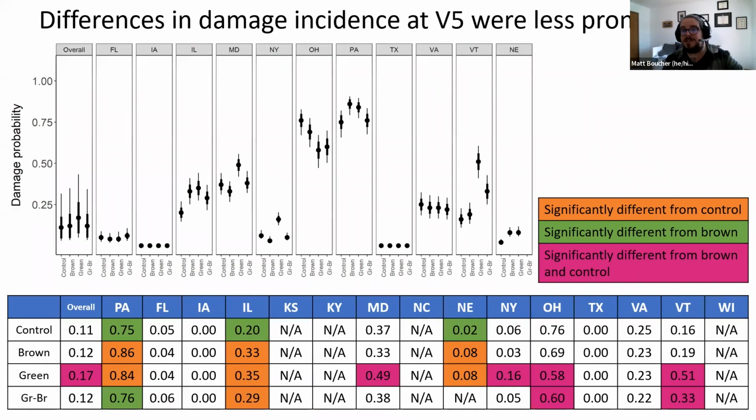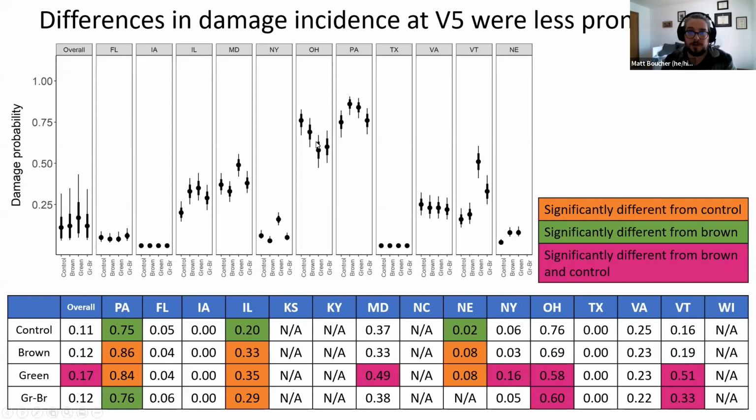The differences in damage incidence at V5 are less pronounced. Your plants are a little bit older now. You can see in different states, relative to the control, damage incidence isn't as significant here, which is consistent with the fact that stand establishment was more consistent at V5 too. In your overall model, you're seeing higher damage incidence than both the control and the brown, but when you break it down by state, those differences continue to be variable.